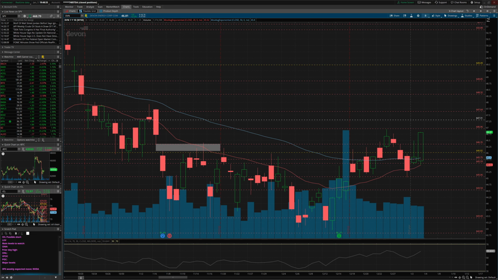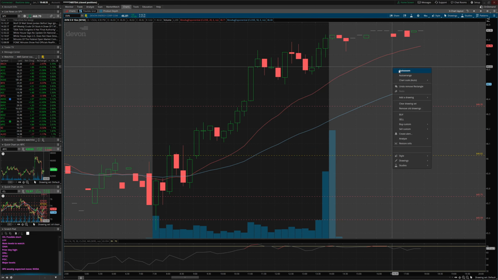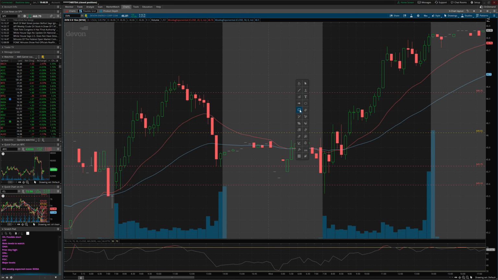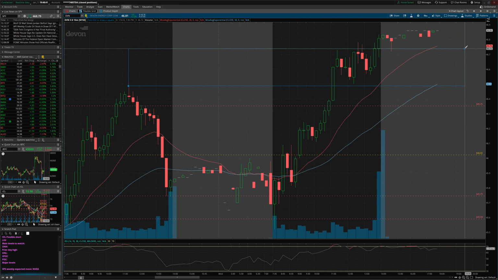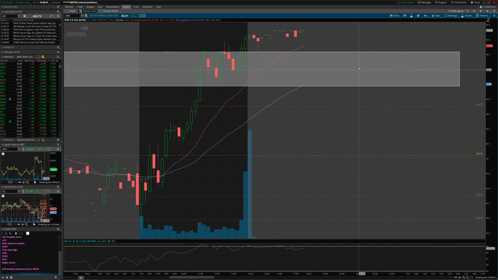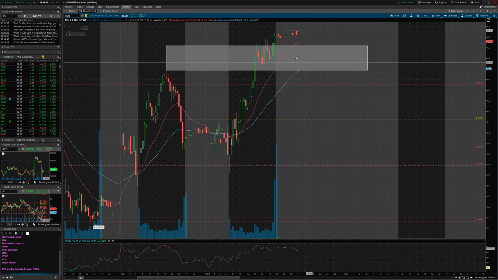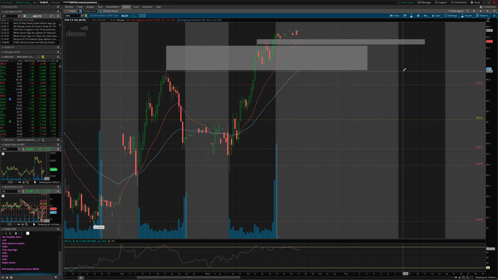Like DVN, for example, let's do a little bit of analysis on DVN. Any pre-market above this high right here is acceptable for a trade. But if it opens above this area, it's most likely a buy from the open.